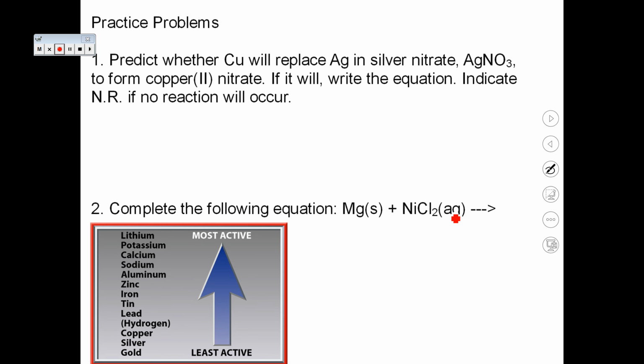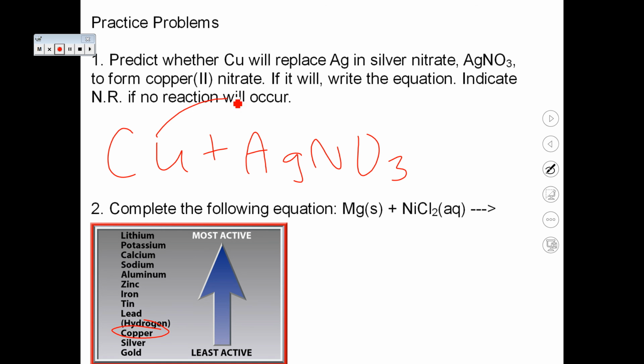Let's just do this one, and then we'll do double replacement. So predict whether copper will replace silver in silver nitrate. So we go to the activity series. We see copper is here. It's going to try to replace the silver. Silver is down here, so this will happen. So we will have copper nitrate plus Ag.